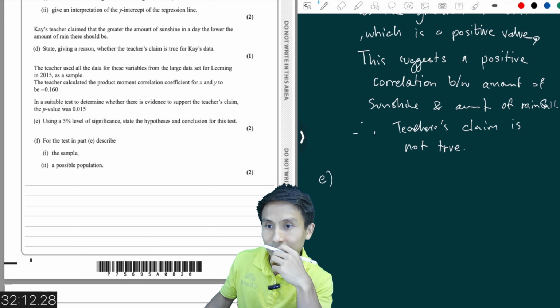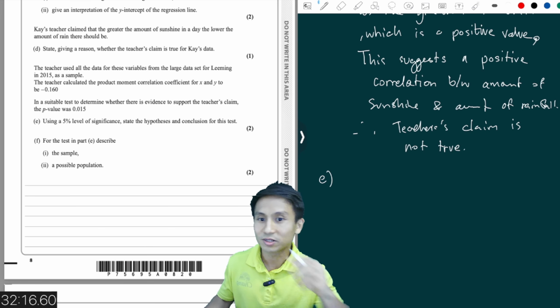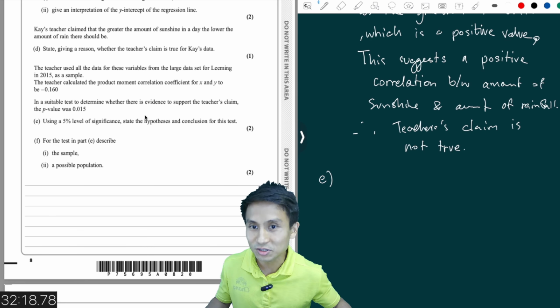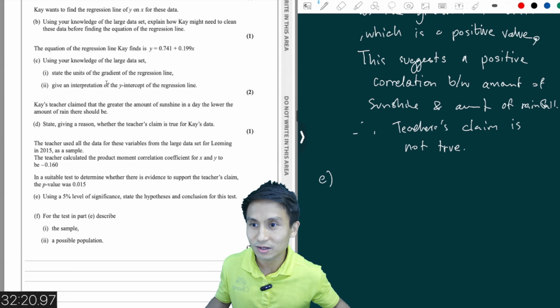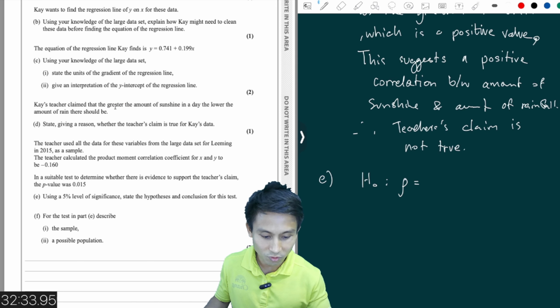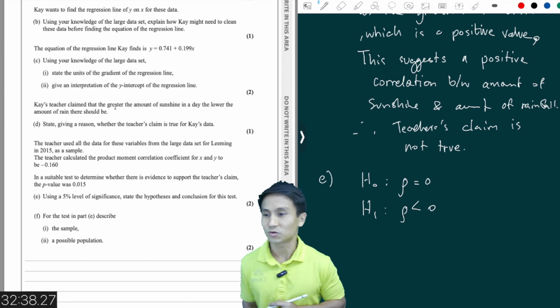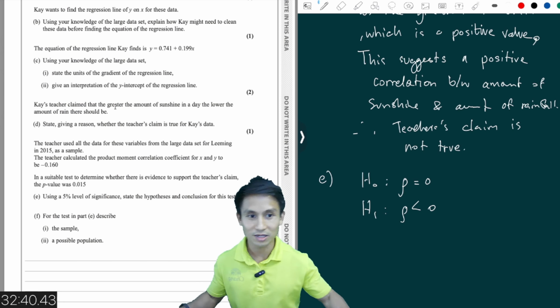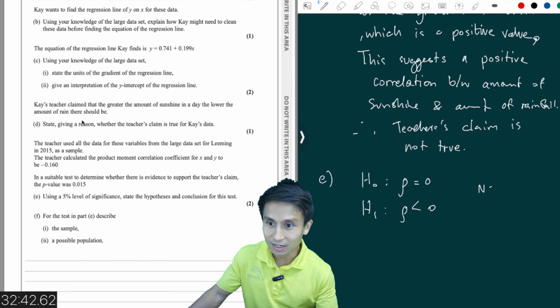What's the claim again? To support the teacher's claim. The teacher's claim is still the same, right? Because he claims that the greater the amount of sunshine, the lower the rainfall. So H0: rho equals 0, and H1: rho less than 0, because he claims a negative correlation.